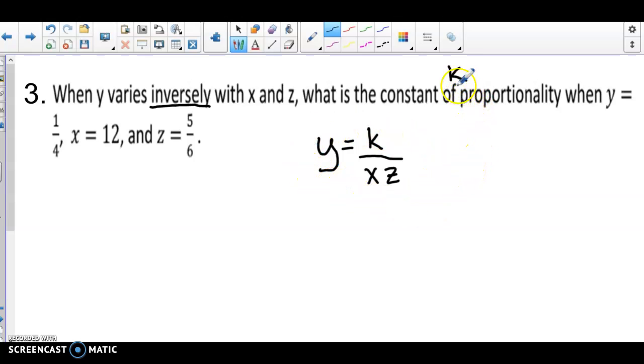Now I need to solve for k, and it gives me some numbers that I can plug in. So I think first what I want to do, you can do this either plug in the numbers or you can move the variables around. I like to move the variables around first. So that's what I'm going to do. To get rid of that xz in the denominator, I'm going to multiply by xz on both sides.